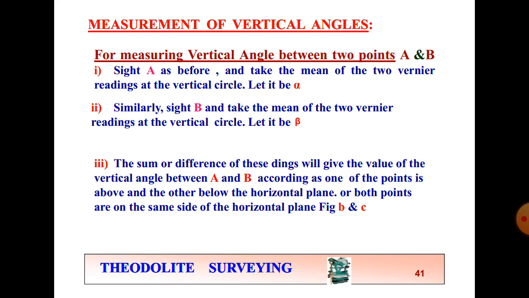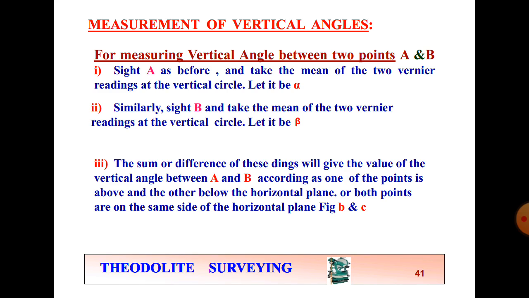Now, measurement of the vertical angle between two points A and B. Sight A as before and take the mean of the two vernier readings on the vertical circle; let it be the angle alpha. This average value gives the alpha value.